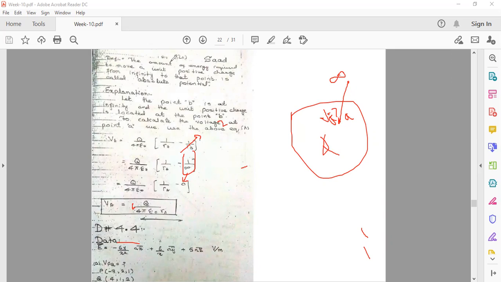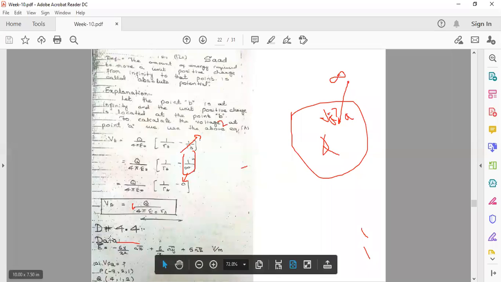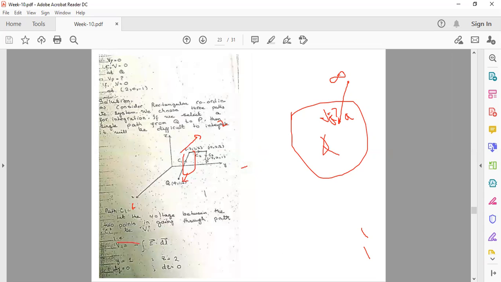Okay, now we have to solve some numerical examples on the basis of this electric potential. The first example was 4.4, and we have three parts. A is we have to find VPQ. P is given, Q is given, E is given. And in the second part we have to find VP where VQ is equal to 0.